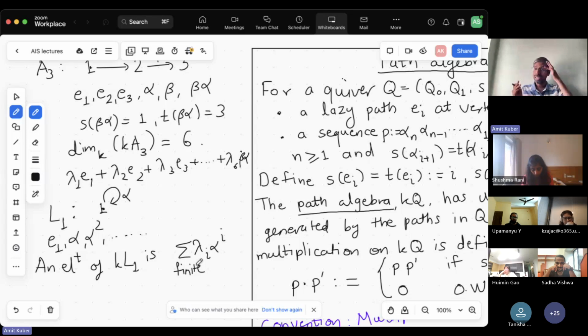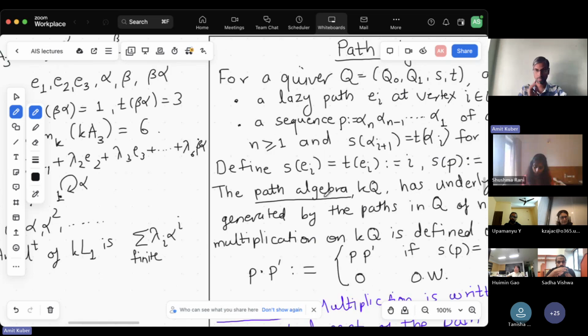Which means, in simple language, this is simply polynomials in alpha with coefficients from k. So this is the underlying vector space of KA3 as well as KL1. KL1 is infinite dimensional, KA3 is finite dimensional so far.